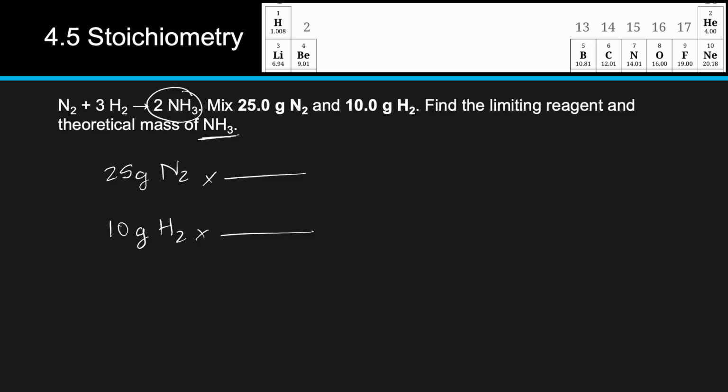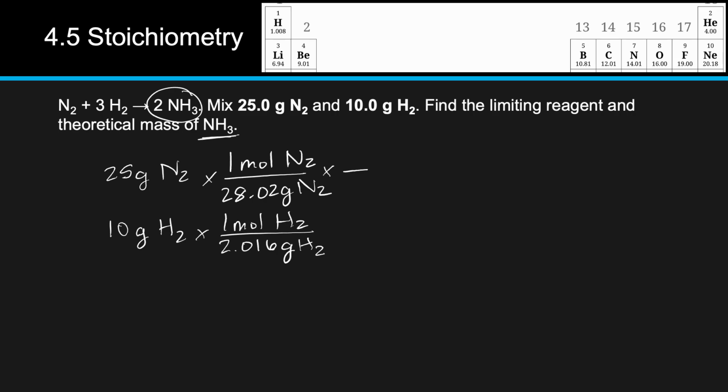So first step to get to NH3 is we have to get our reactants into moles. So we know in 1 mole of N2, I have the molar mass of N2, which is 28.02 grams. And then in 1 mole of H2, I have the molar mass of H2, which is 2.016 grams.